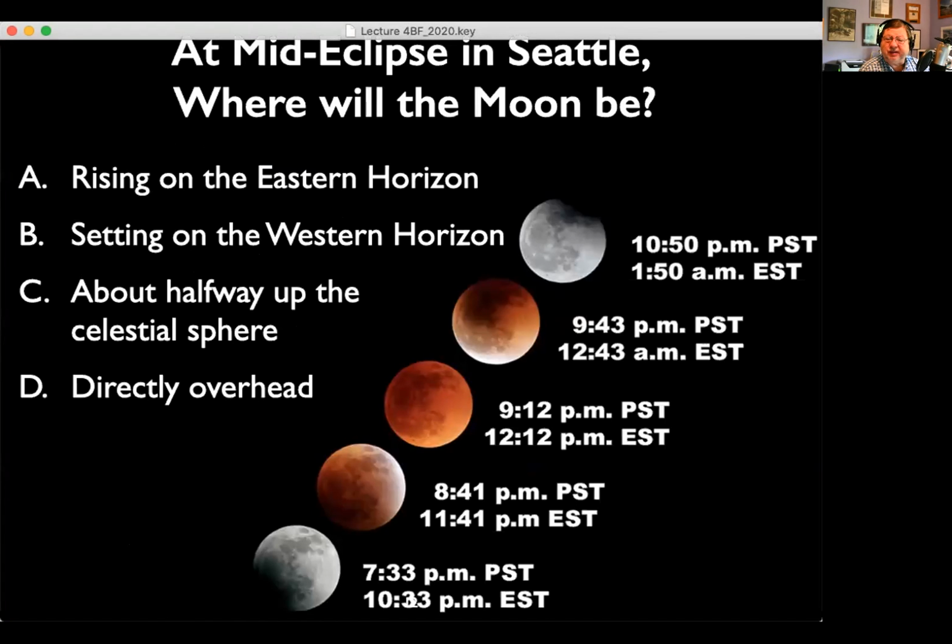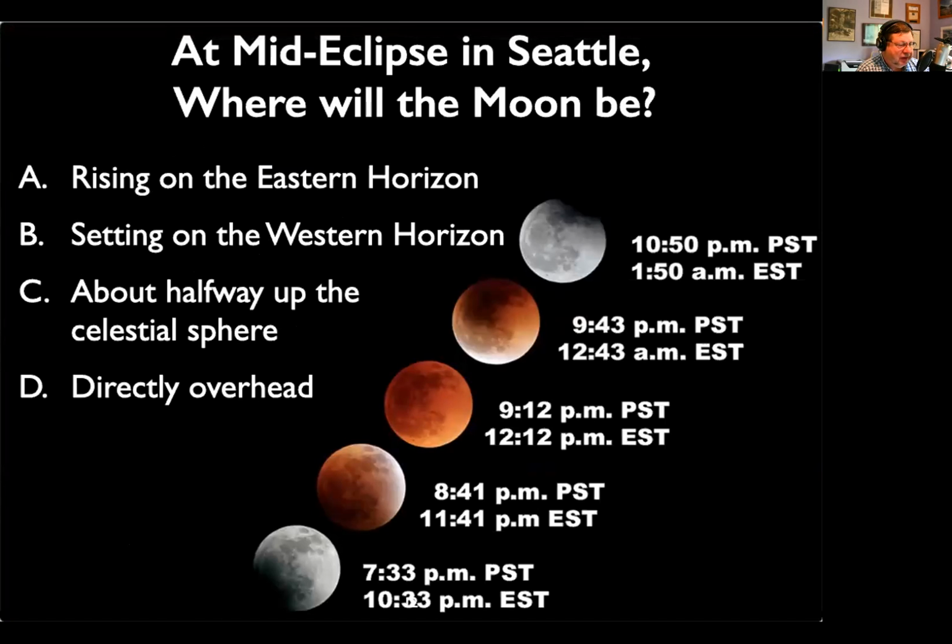And next question is, in Seattle, which would be Pacific Standard Time, where would it be? So let's see, polling. Okay, and poll.